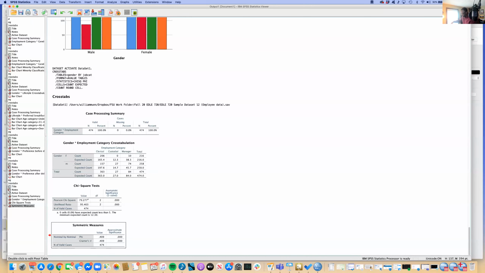What I really love about this book is that it shows you step by step how to work through this. It's doing the same thing I'm doing, and it will show you exactly how to write it up in a way that would be acceptable in a dissertation or a journal.